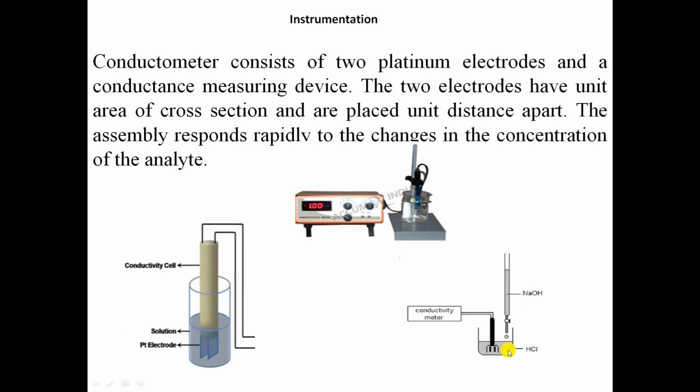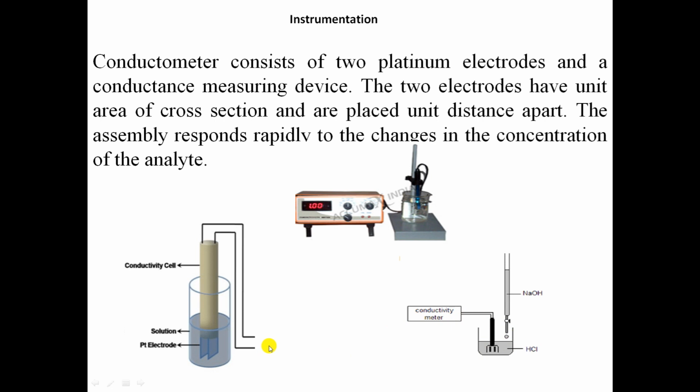Because of that, the ion concentration changes and the conductivity of the solution also changes. Conductometers consist of two platinum electrodes and a conductance measuring device. The two electrodes have unit area of cross section and are placed unit distance apart. That means they have cell constant 1.